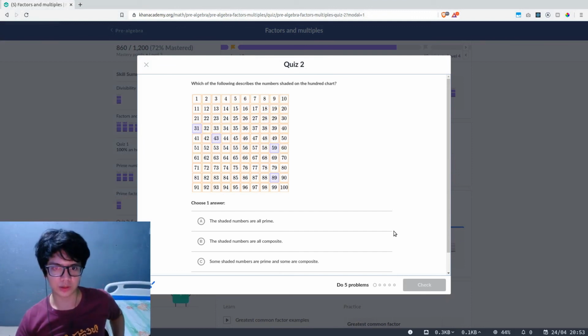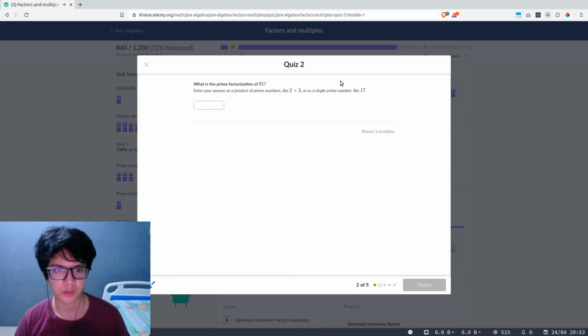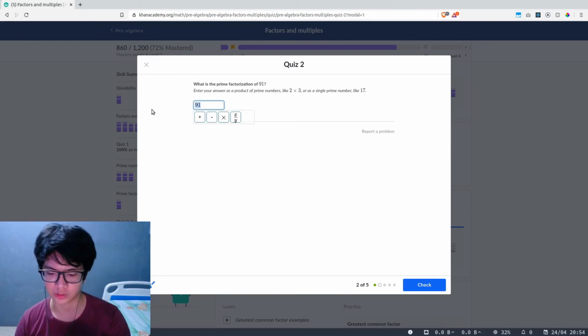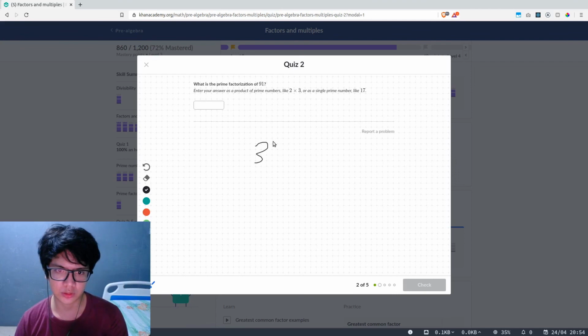Which of the following describes a number shaded on the 100 chart? The shaded numbers are all prime. What is the prime factorization of 91? Oh, 91 is already a prime, or not actually. What if we do 27 times 3?